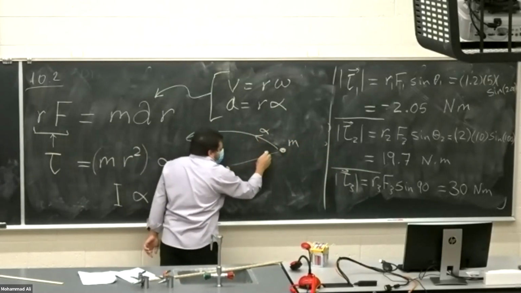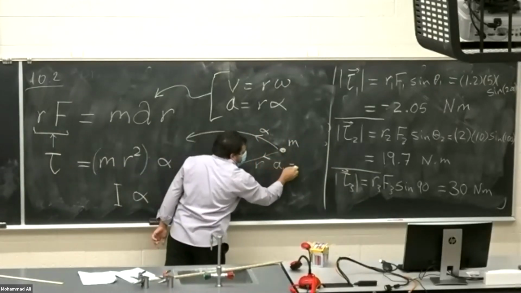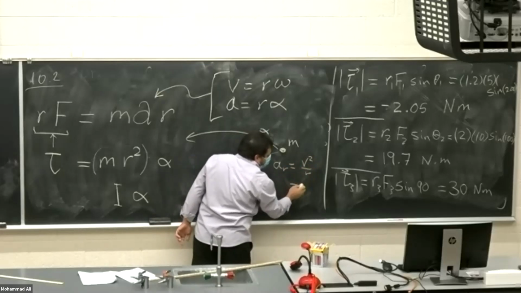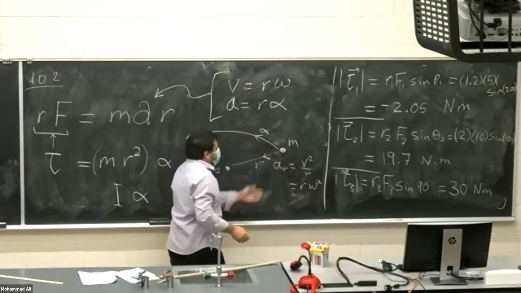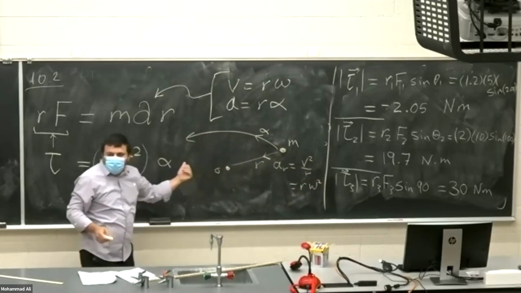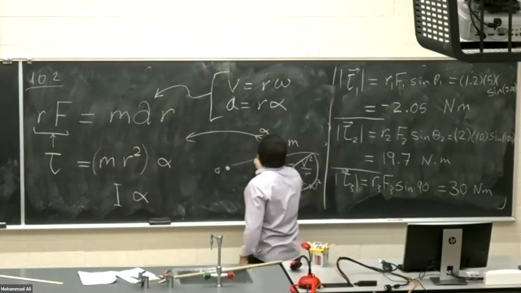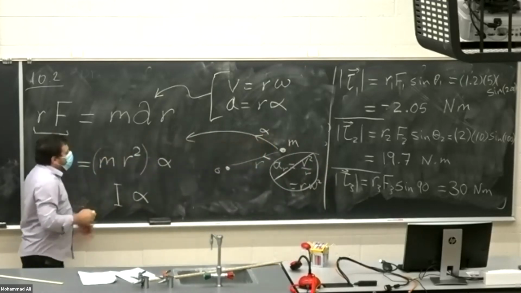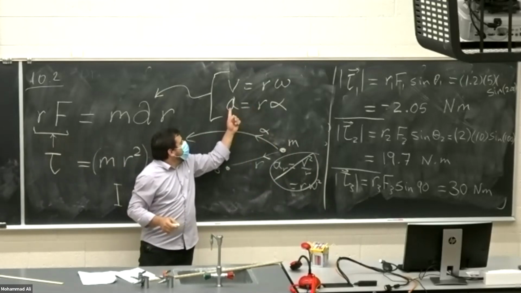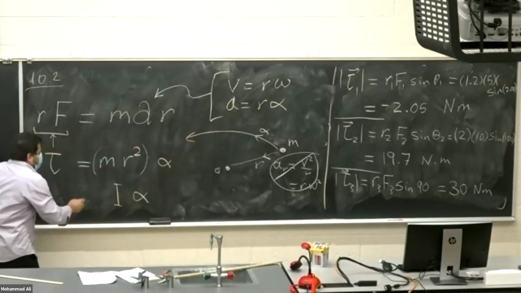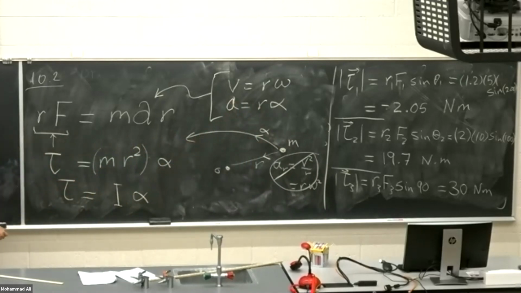If you remember, we have a radial acceleration, which is v squared over r, or r omega squared, the centripetal acceleration. We will not use it today. We will use alpha, which is equal to the acceleration divided by r. This will be equal to the torque.